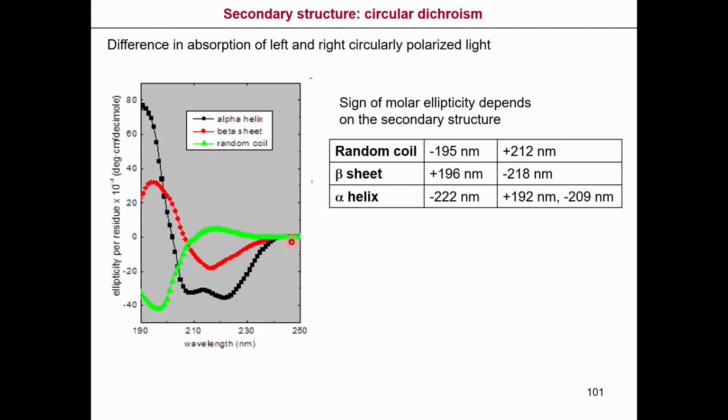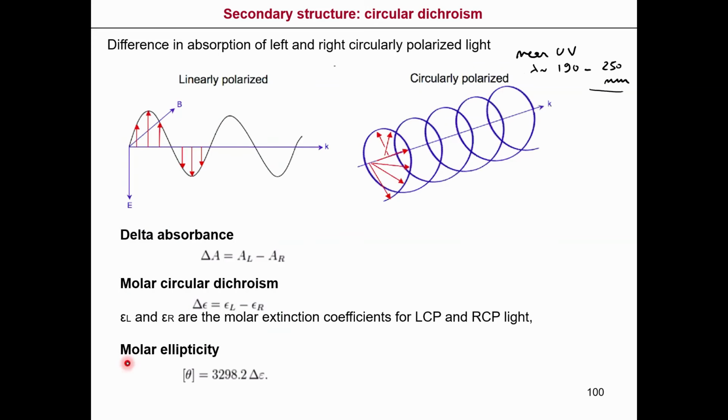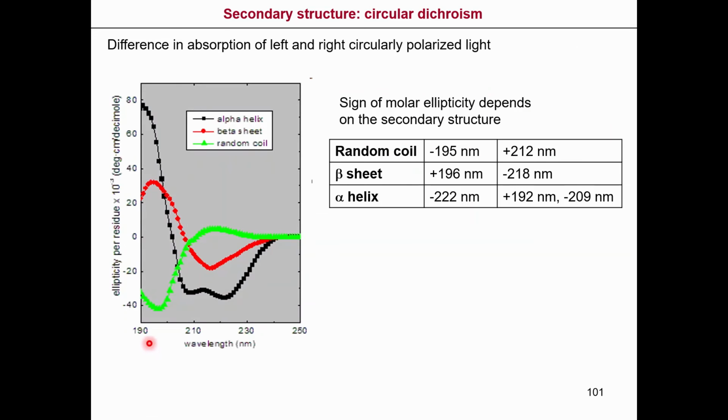Okay. But I don't care how you do this spectra, just remember the spectral region, the UV region, and the shape of the curve. You should remember that if the protein is composed mostly of alpha helix, you should observe two minima and one maximum, and so on.